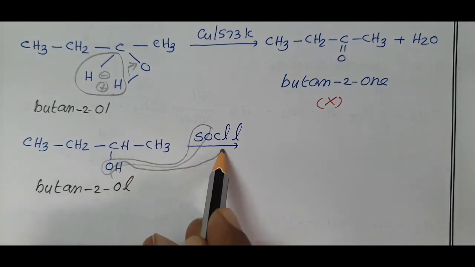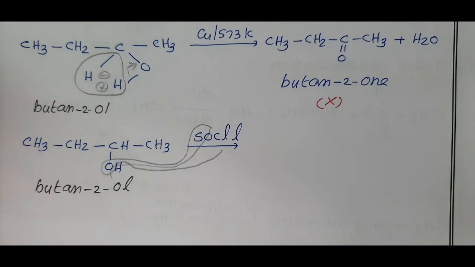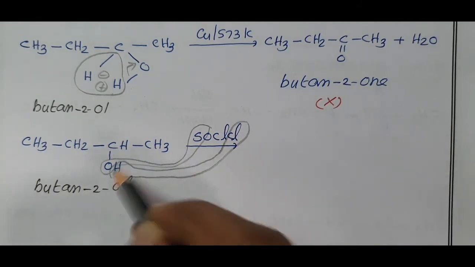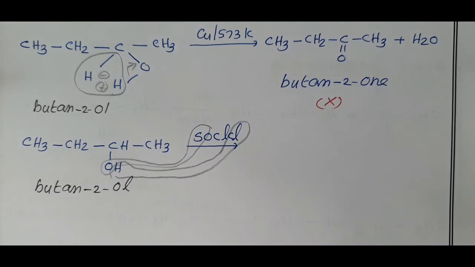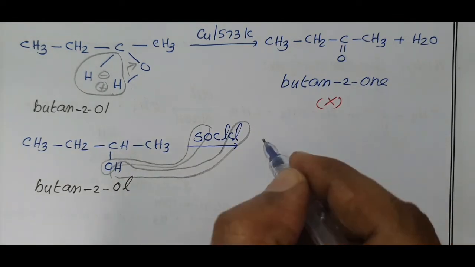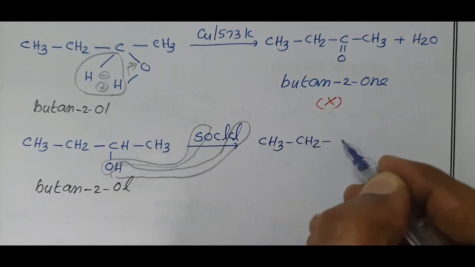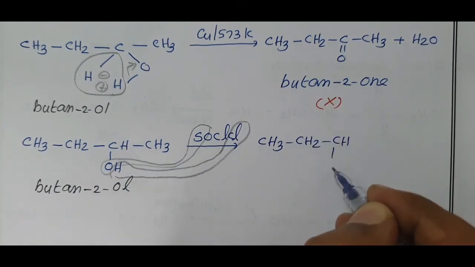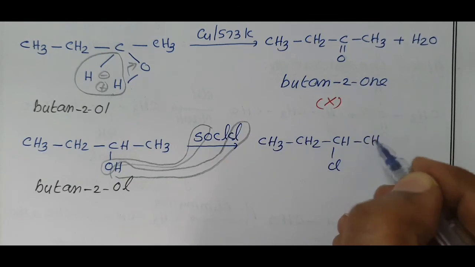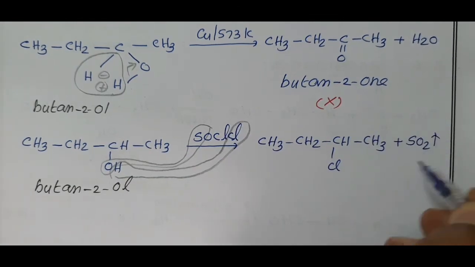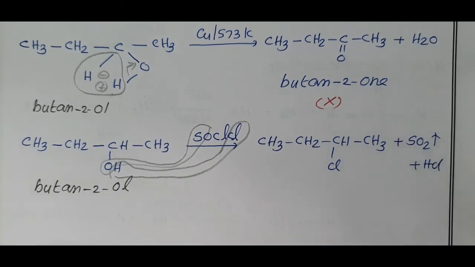One H and one Cl are removed as HCl. The Cl is removed as HCl and another chlorine is added to the carbon atom, giving CH3, CH2, CHCl, CH3, with liberation of SO2 and loss of HCl.